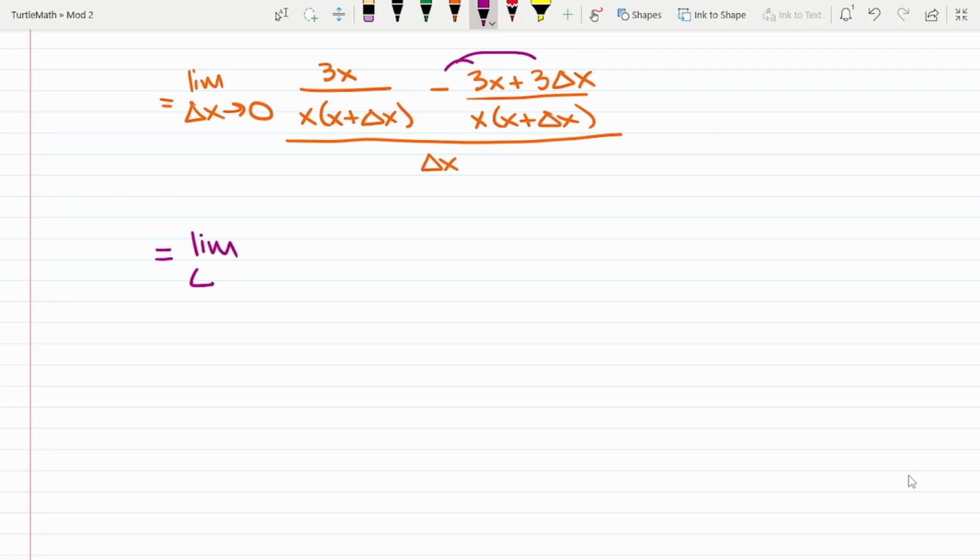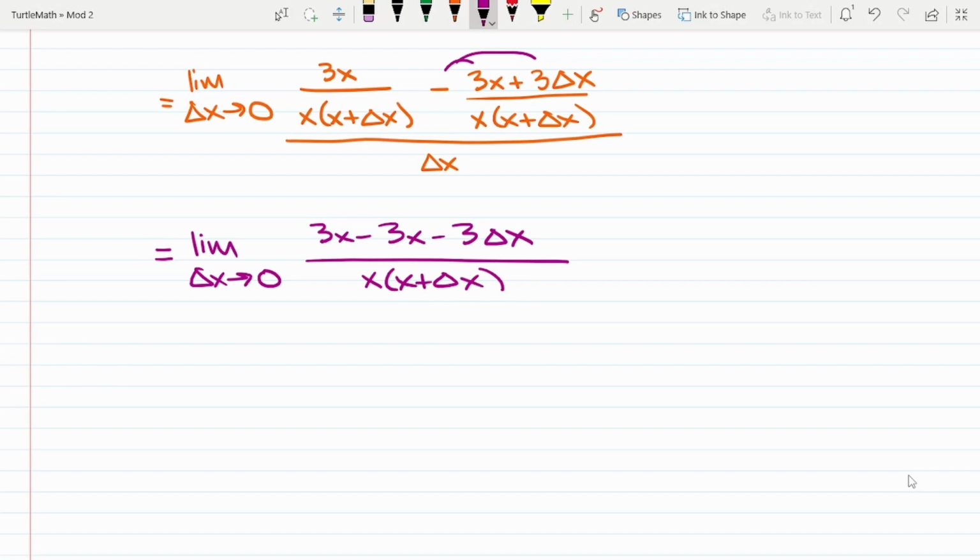So we have our limit as delta x approaches 0, and now we have 3x minus 3x minus 3 delta x all over x times x plus delta x, all over delta x. So we can combine this into one fraction by putting the denominators together, and we can also simplify this by crossing out our 3x minus 3x.